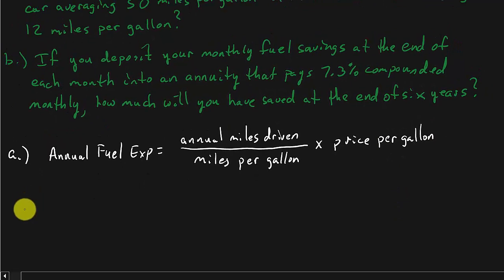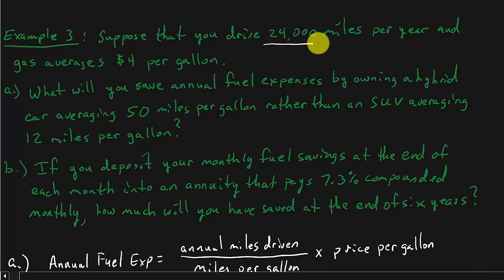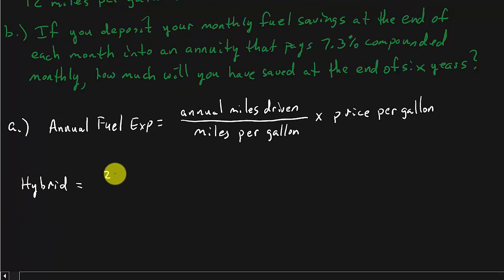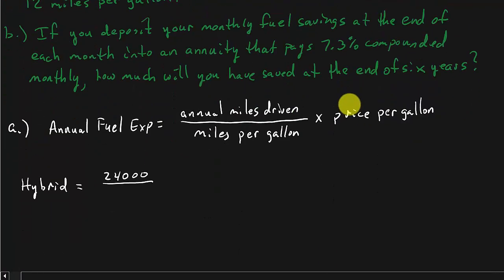So let's figure this out for the hybrid. The annual miles driven is the 24,000, and that's going to be the same on both of them. So that's 24,000 over miles per gallon. For the hybrid car averaging 50 miles per gallon, that's divided by 50, and then times gas.